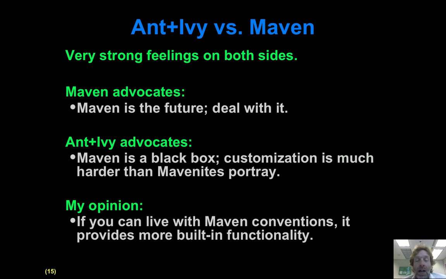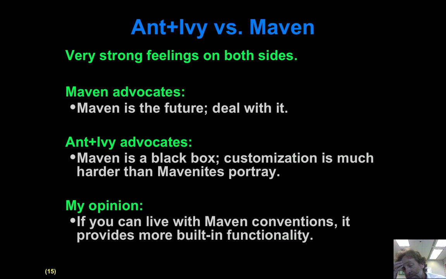So, I think that the major controversy in the community is between the people who say Maven, Maven, Maven, and there are a lot of people like that, versus the people who say, I don't really like Maven, but you give me Ant plus Ivy, and I can do everything that I want to do with Maven, and I can do it the way that I want to do it.